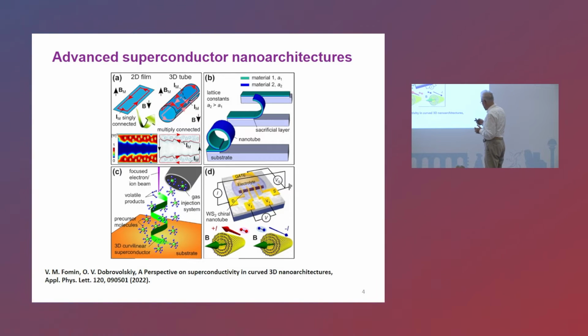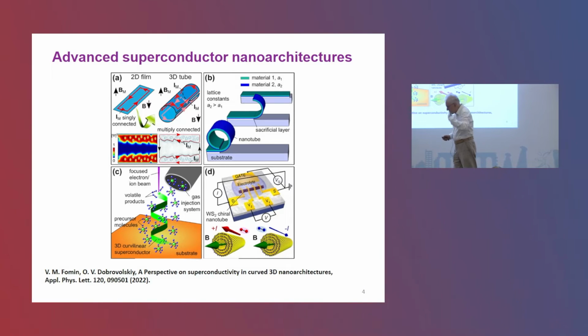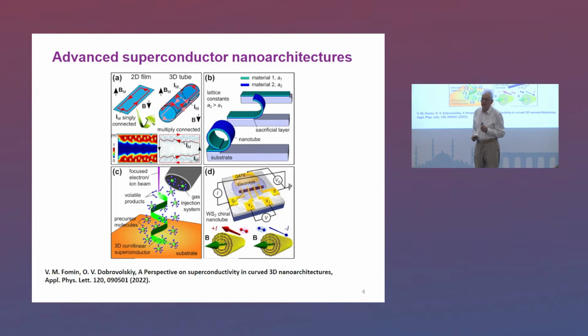And it can be a 180 degrees rolled part. It can be 360 degrees, a full tube, or it can be many, many rolls which give already a new nanoarchitecture which can be called a radial superlattice.